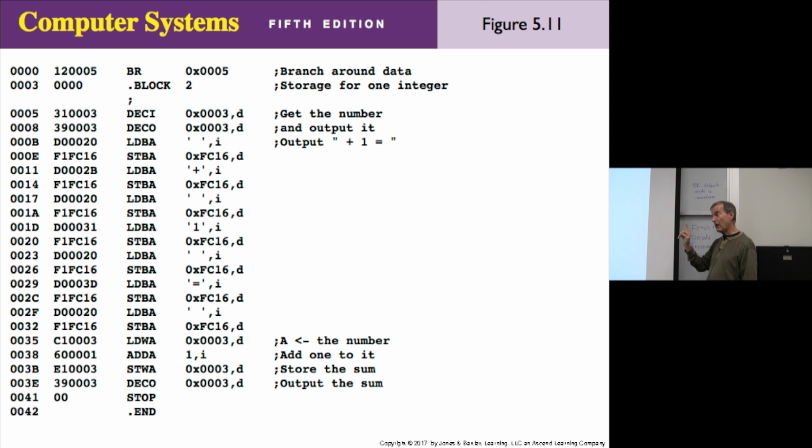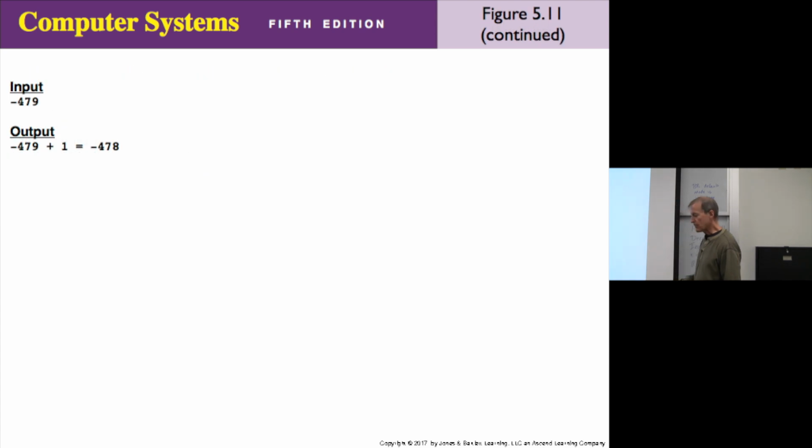So we can add 1 to what's at 0003. And then the next one, store word accumulator, stores the sum back at 0003, and then prints it out in decimal. On this next part of the slide, if the input is negative 479, then the output is negative 479 plus 1 equals negative 478.